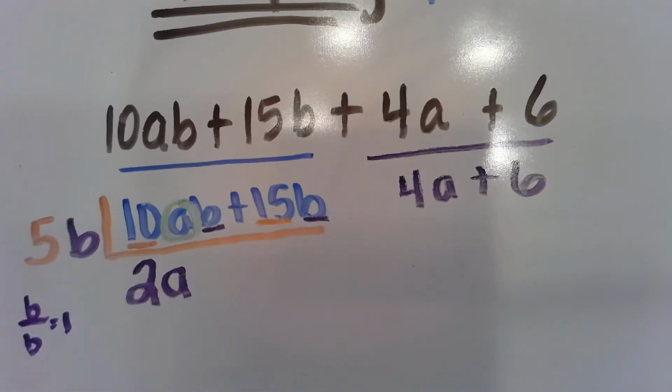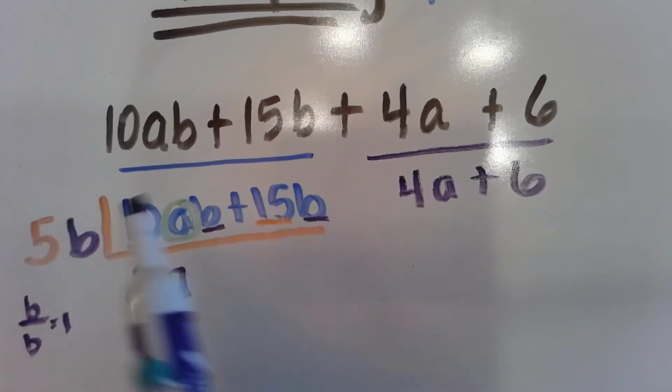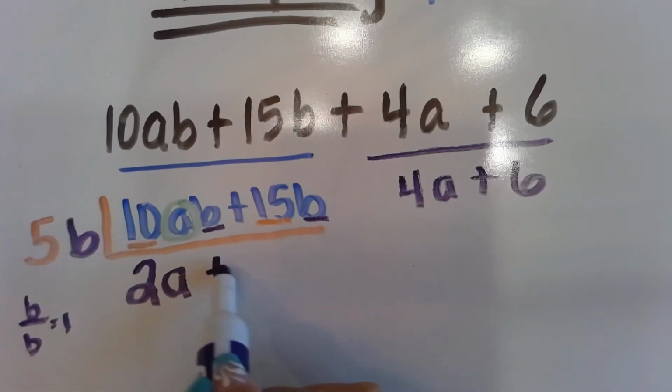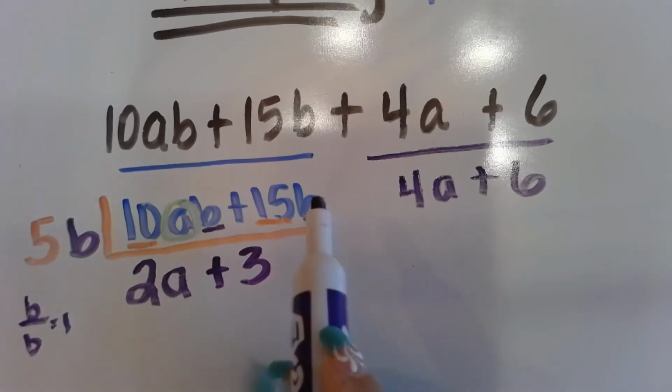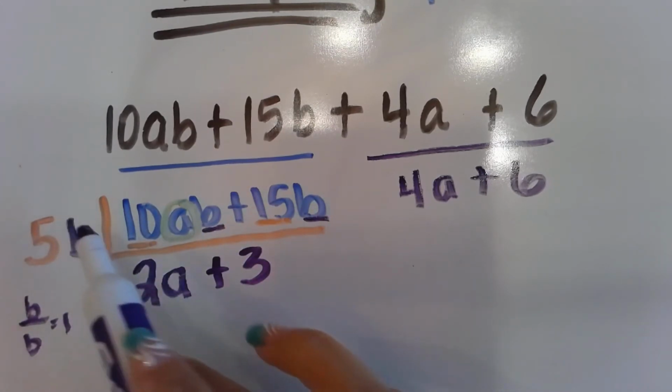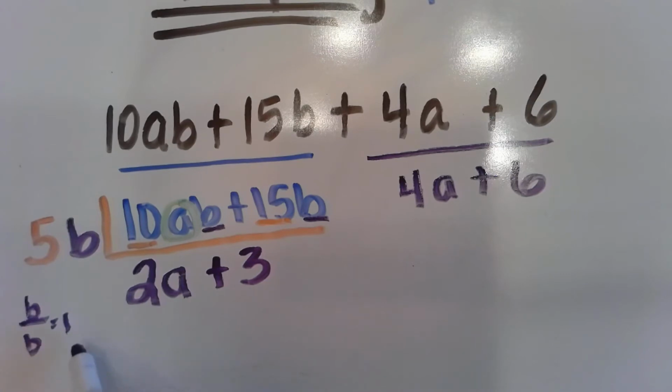Now let's look at the next one. 15 divided by 5 is a positive, plus 3. And B divided by B is also 1, so we don't have to write anything. So we have 2a plus 3. Before we do anything else, we're going to look at the second group.